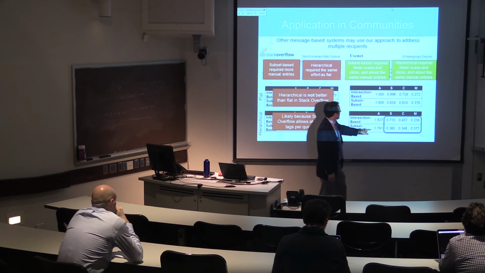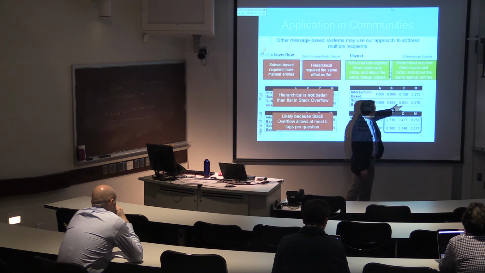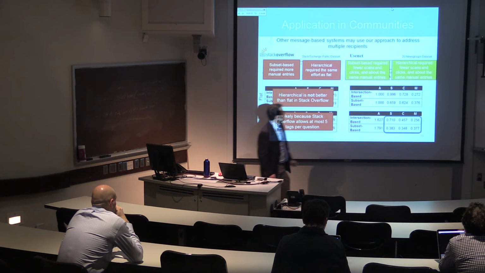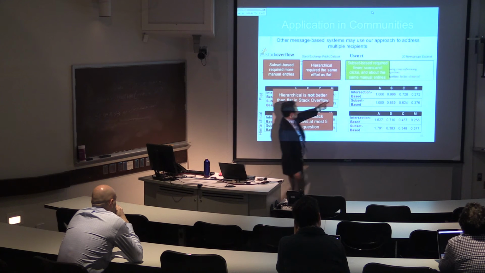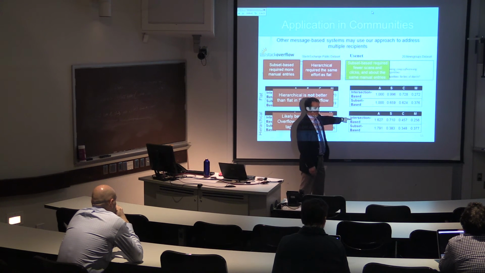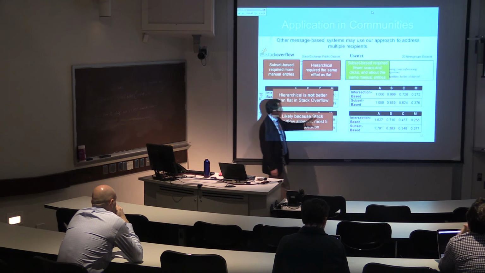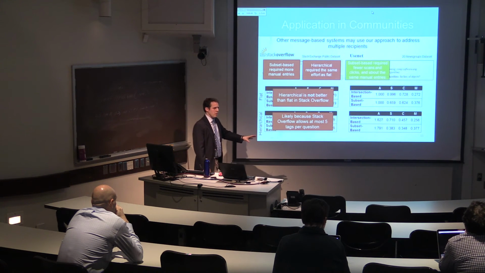And are you talking about this case right here? Yes. So the intersection-based is compared to this intersection-based, and subset-based is compared to this subset-based. So we group those hierarchically. Does that make sense? So that's what we're trying to compare.